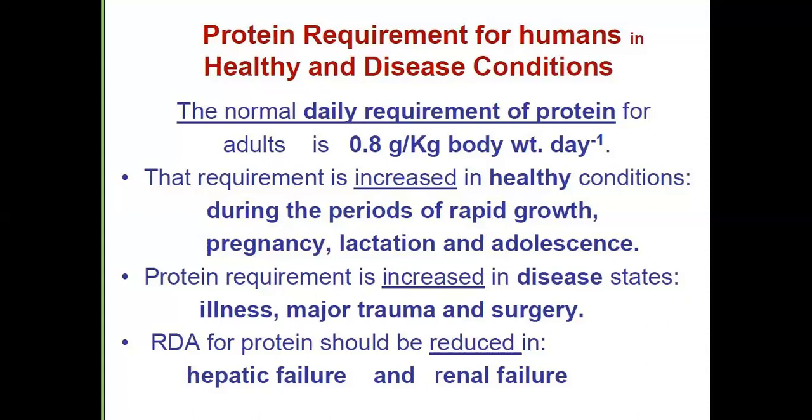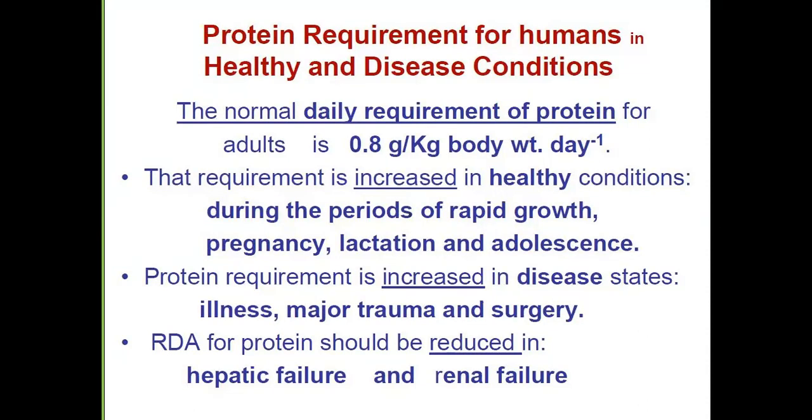Now, as you know, proteins are required for the formation of new tissues, and they are required for the maintenance or repair of tissues. Therefore, the requirement of protein in the diet is increased in periods of rapid growth, such as pregnancy, infancy, childhood, or adolescence.